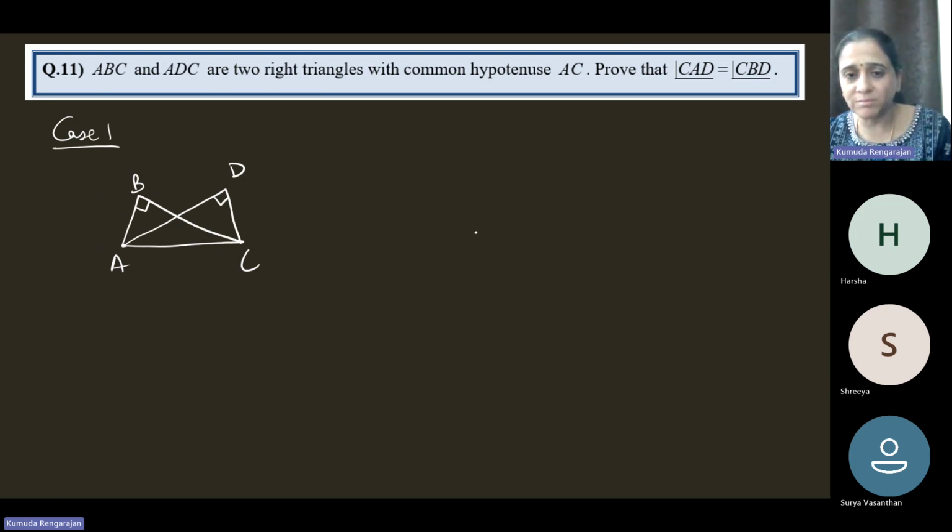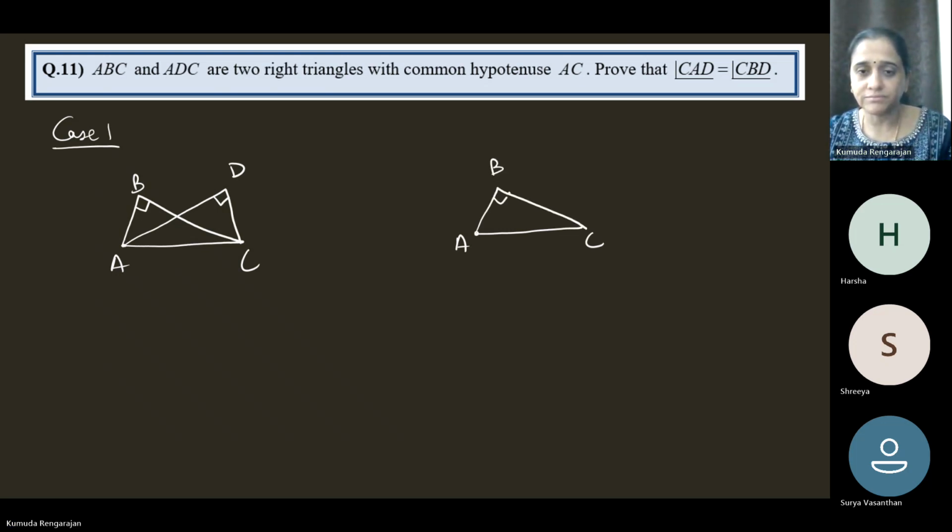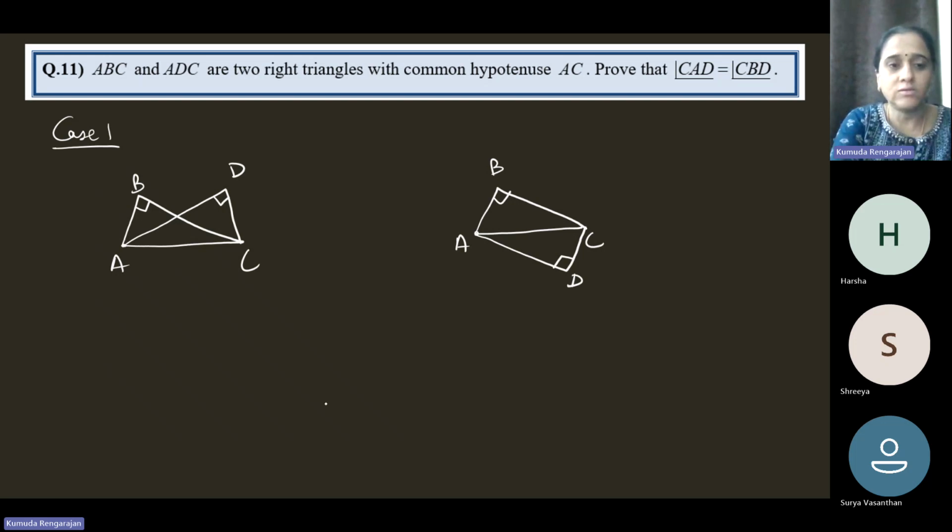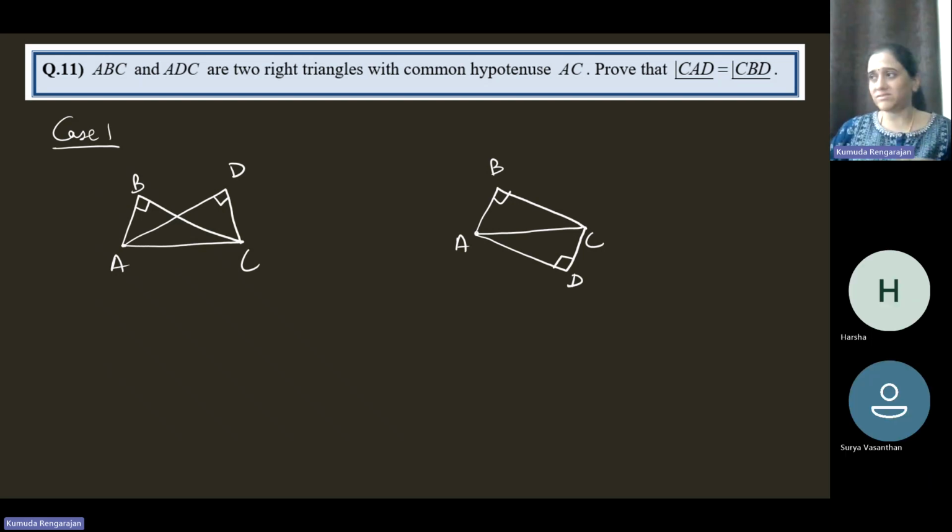But the situation can be this also, right? AC, the common hypotenuse, ABC like this, and ADC like this. Now, don't say the other thing is the two triangles lie below. That is the same situation, right?